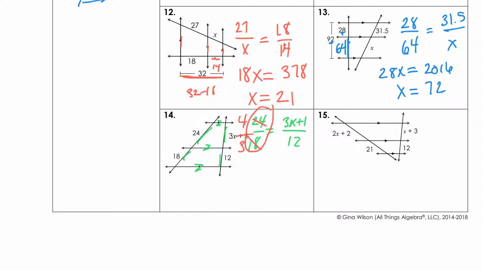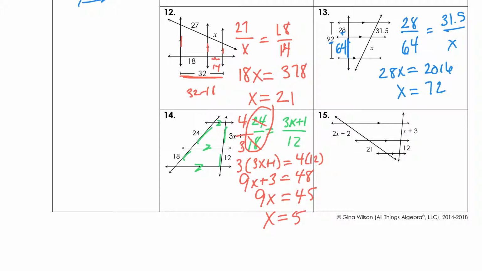So that gives us 3 times 3x plus 1 is equal to 4 times 12. 9x plus 3 equals 48. 9x equals 45. So x equals 5 in this case.